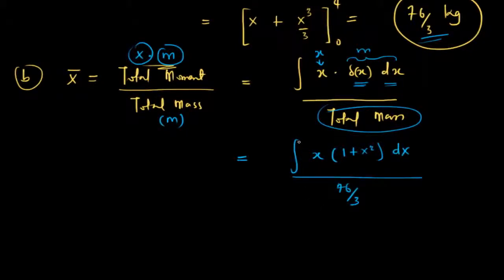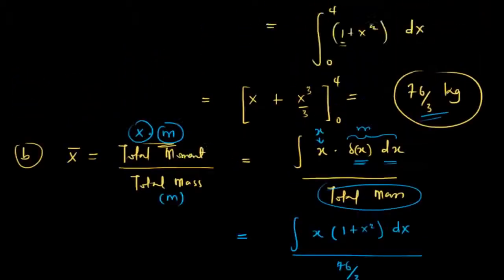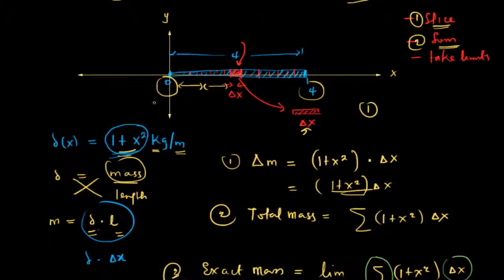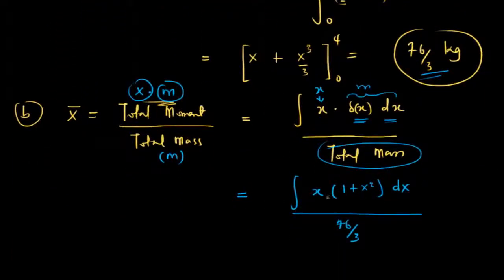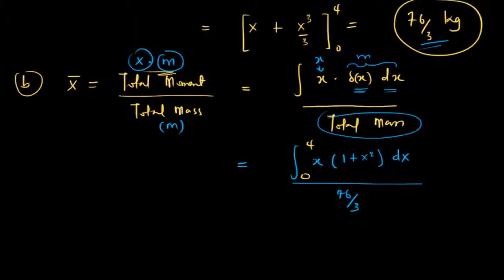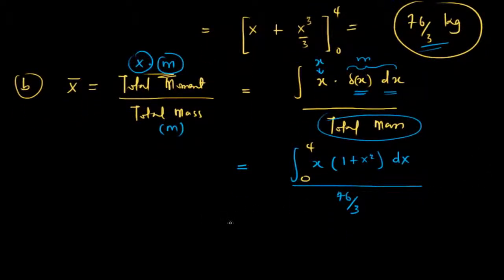So again, we need our limits of integration. Now we come back to the problem statement. What you have here is it goes from 0 to 4. So that's going to be from 0 to 4. Simply when you find the integral of this, which is quite simple like we've done in the previous videos, this is just going to be 72 divided by 76 divided by 3.